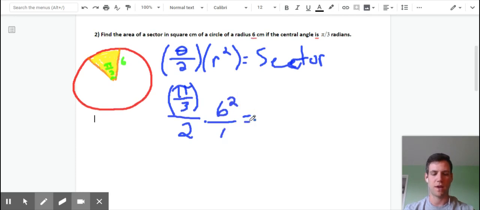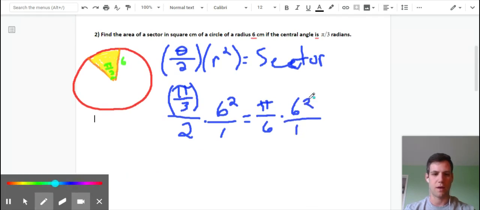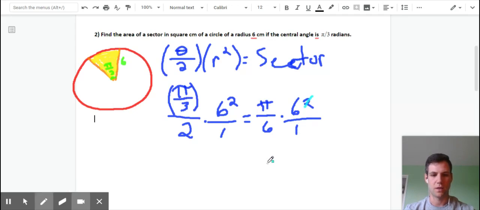So we can simplify that a little bit. Half of pi over 3 would be pi over 6, just like how half of 1/3 is 1/6. And then we're going to multiply that by 6 squared. So we can also cross out one of those 6's and cross out this 6, divide those out and make that into a 1. And so then our answer is going to be equal to 6 pi.